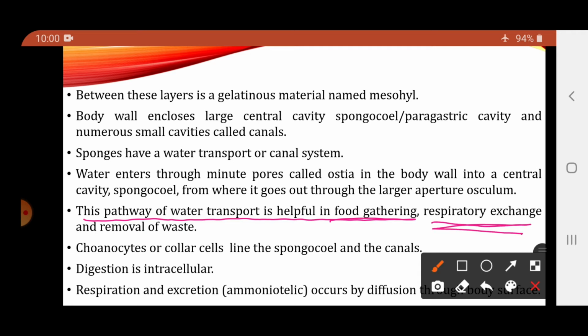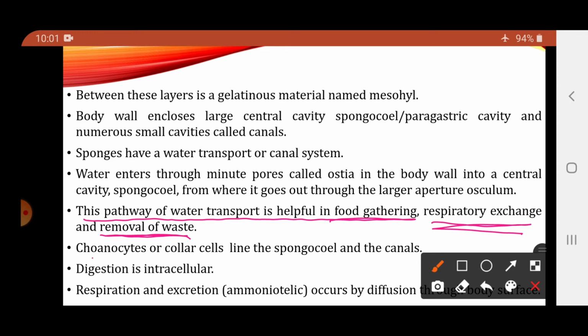It means the oxygen in the water comes inside, and the carbon dioxide produced inside goes outside, as well as in the removal of waste. So this is very important. The water canal system helps in gathering food, it helps in respiration, as well as in the removal of waste material.